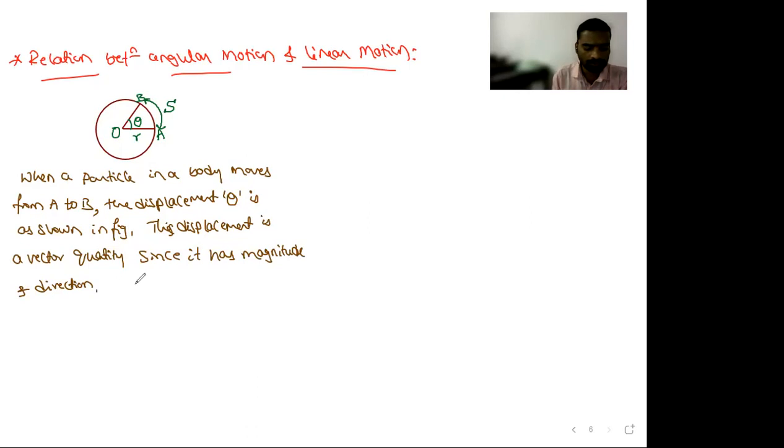The direction is a rotation, either clockwise or counterclockwise.